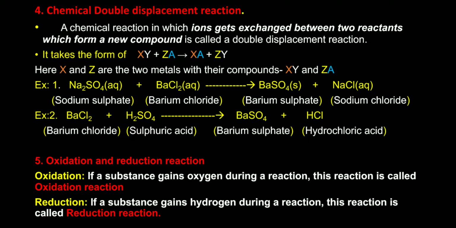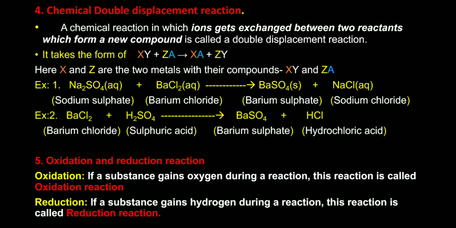Here in sodium sulfate, sodium gets the chlorine from the BaCl2 and forms NaCl. Then in the compound BaCl2, barium accepts the SO4 from the Na2SO4 compound, and it becomes BaSO4 and NaCl.